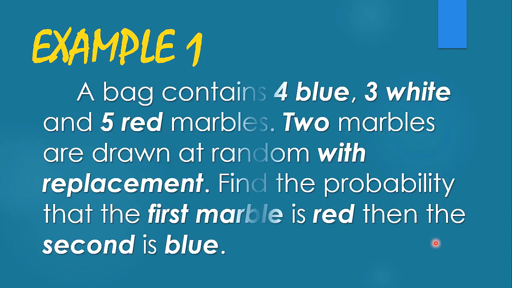Example number 1. A bag contains 4 blue, 3 white, and 5 red marbles. 2 marbles are drawn at random with replacement. Find the probability that the first marble is red, then the second is blue. So we have 4 plus 3 plus 5, a total of 12 marbles in a bag.